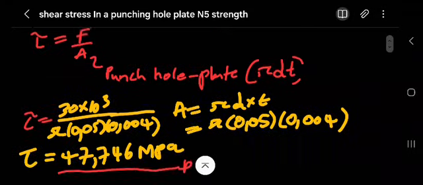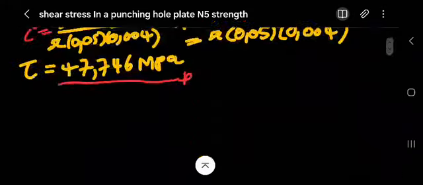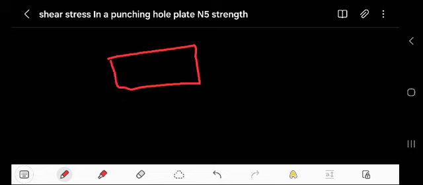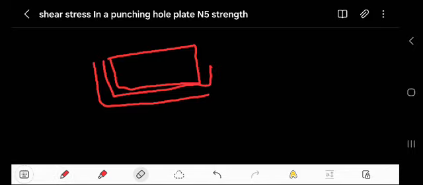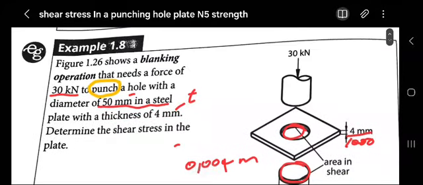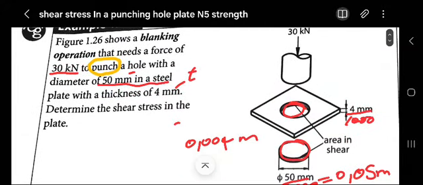So do not forget the summary that I've talked about. Sometimes you can have several plates, depending on how many plates they give you, but I've shown you. So this is how it is, guys.